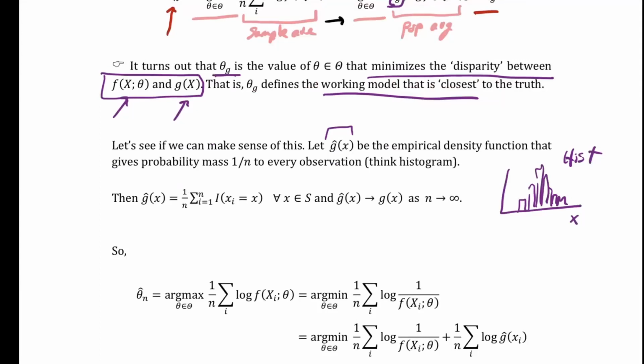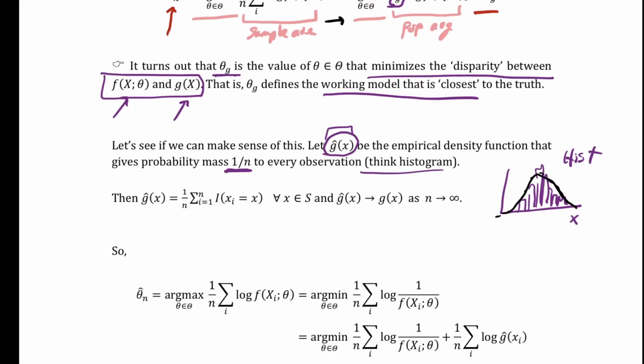And then we might think about smoothing this thing if we wanted to, but the histogram will eventually thin out and give us a very good estimate of the truth. So I'm going to let my estimate of the true density be that histogram, which means at every X, I have mass 1 over n. It's just a histogram.